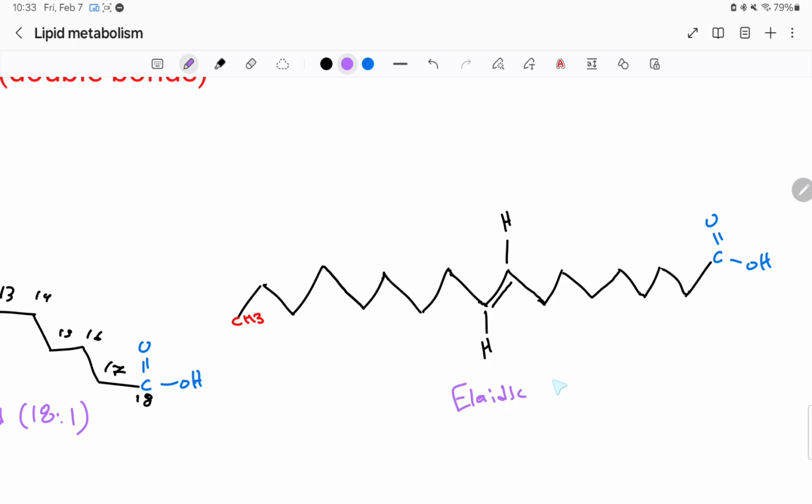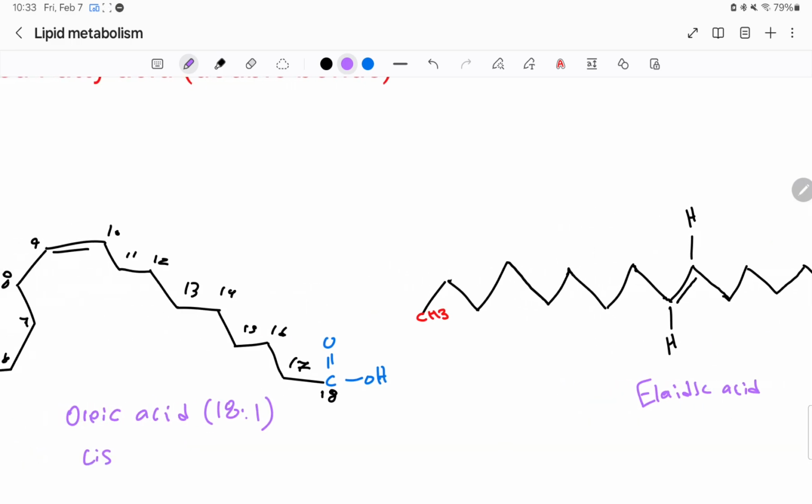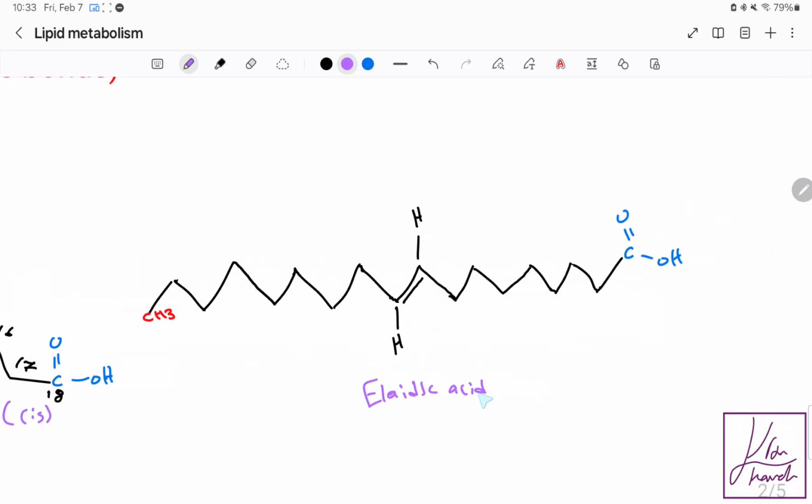Elaidic acid. So the other one was oleic acid. This one is elaidic acid. The only difference between them is that one is a cis form, the other one is a trans form. So I'm going to put 18:1 cis configuration, and then elaidic acid trans.